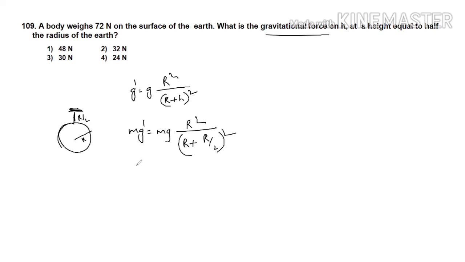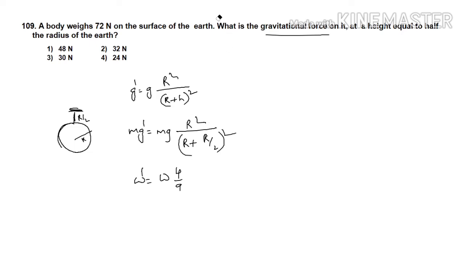So we can write it as W dash is equal to W into, and if you simplify this, we will get it as 4 by 9 g, 4 by 9 only.